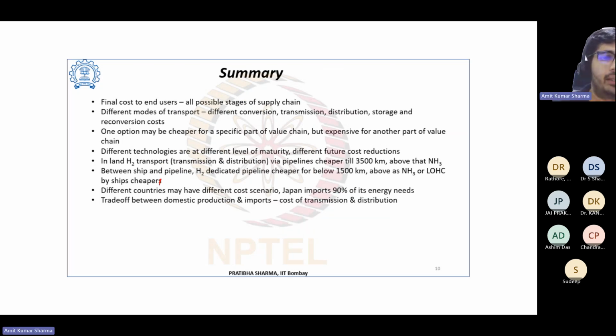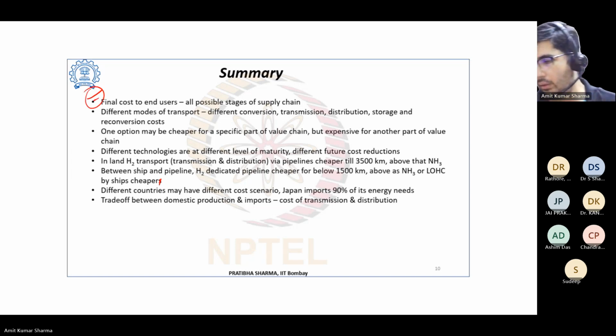In summary, the final cost to the end user is important, because at the end the user is paying the amount and you are recovering the whole supply chain cost from the user. So the final cost of hydrogen through different routes is what you have to minimize.